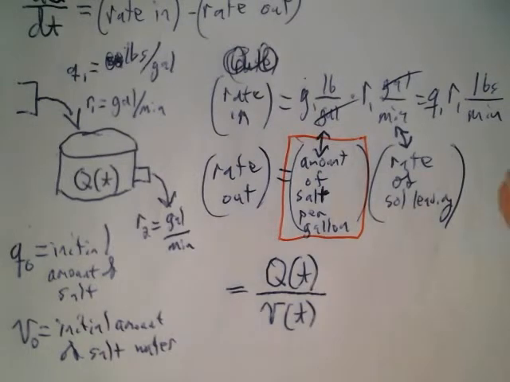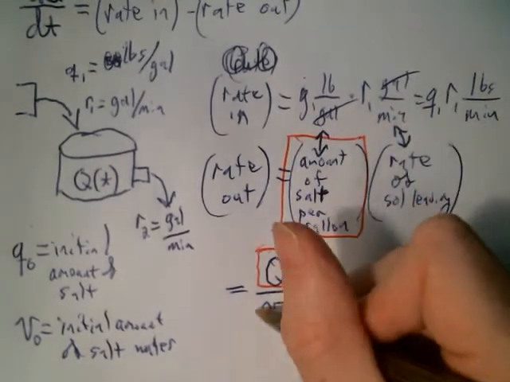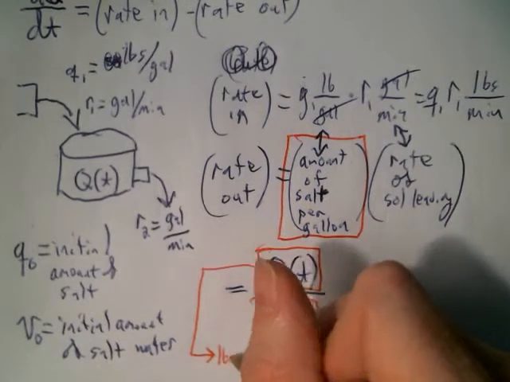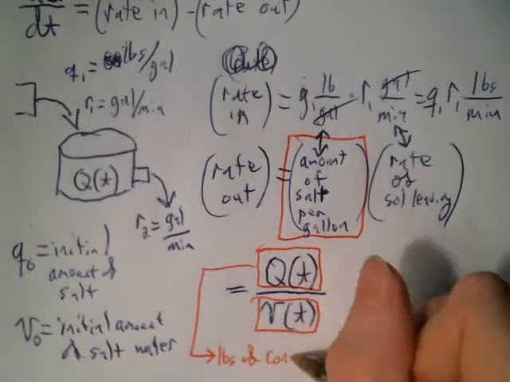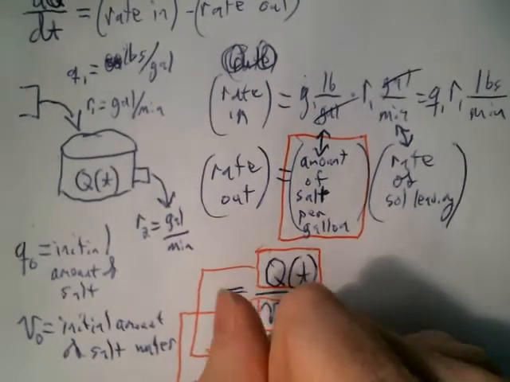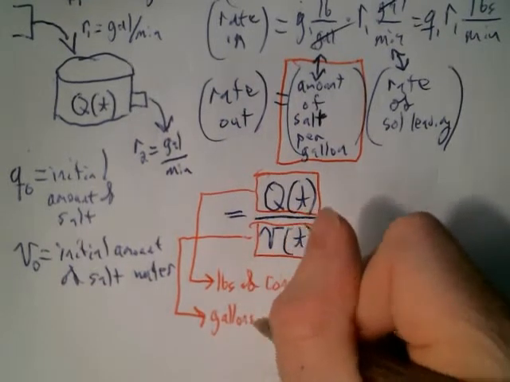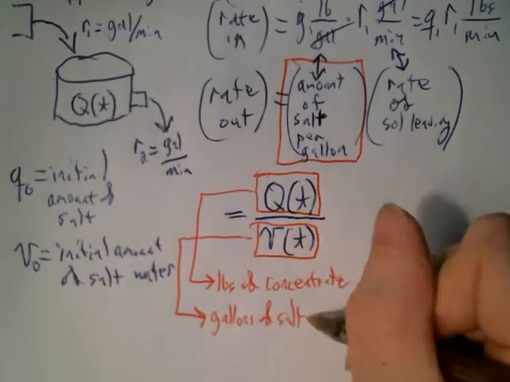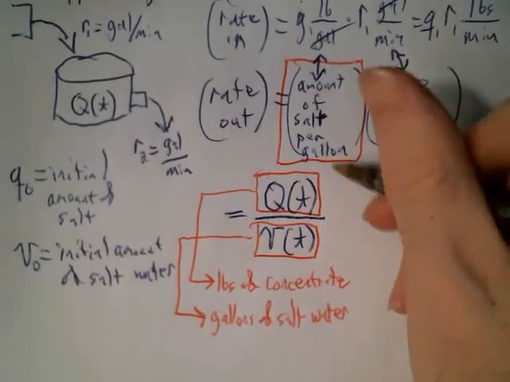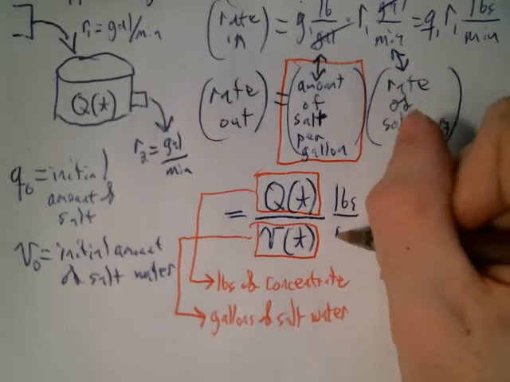So the top is pounds of concentrate, and the bottom is the number of gallons of salt water, so the units are pounds per gallon.